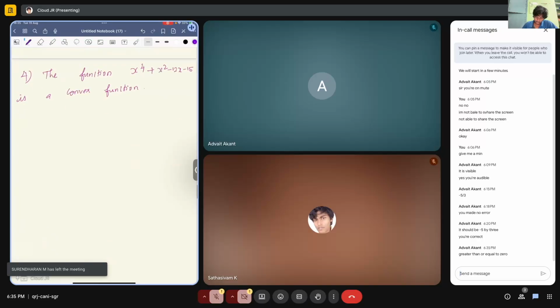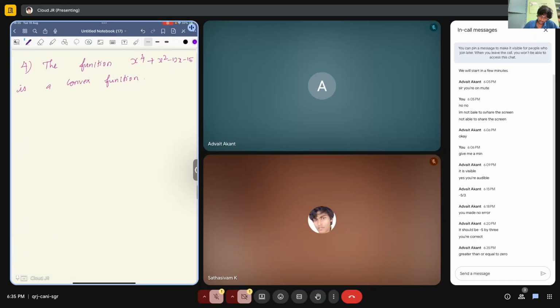Okay, so let's say you have the problem here. Now let's try to do this one. You have a function which is x power 4 plus x square minus 12x minus 15. We have to check whether it's a convex function or not. So let's find f prime of x.